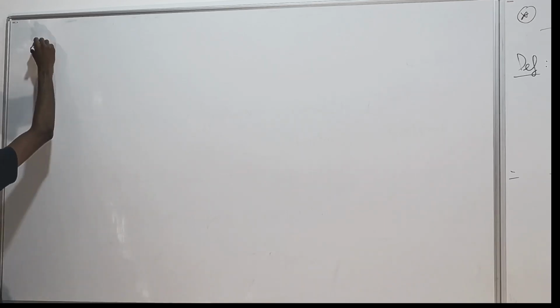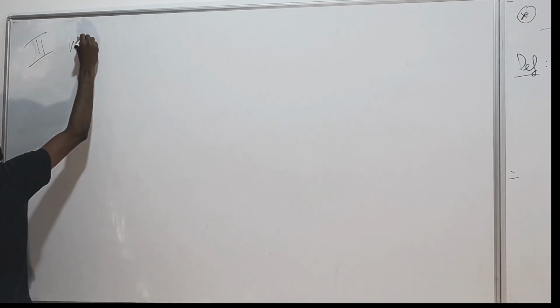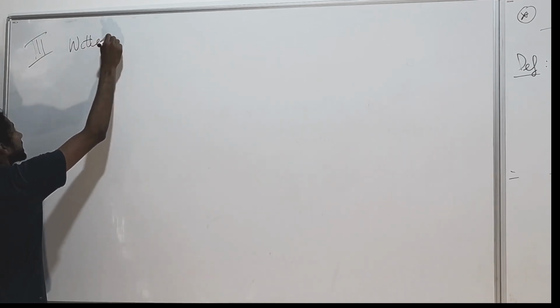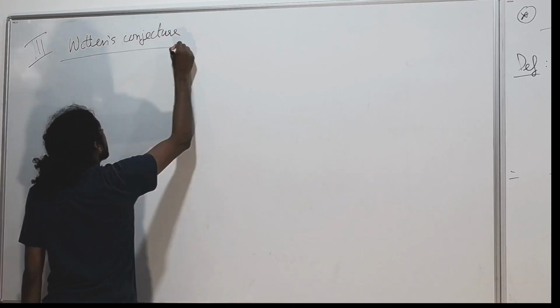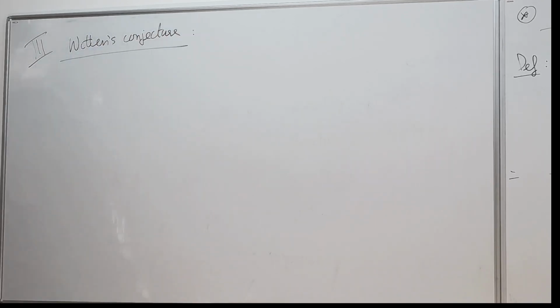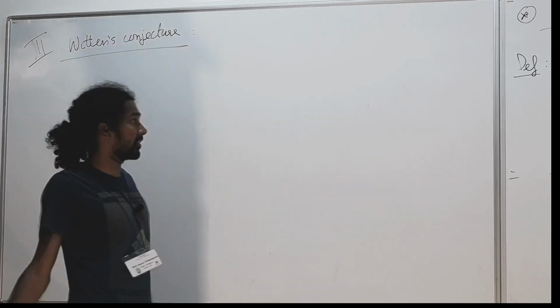Okay, so the last part, Newton's conjecture. Really the question that we would like to answer here is how to compute intersection numbers. We already know what all of our tautological classes look like.